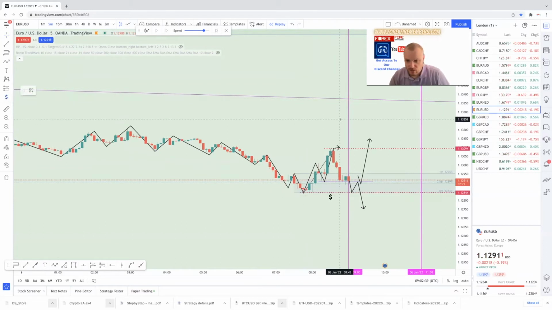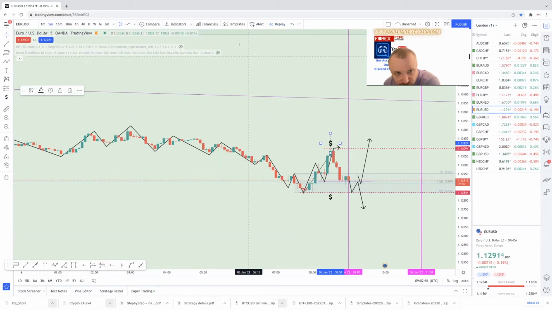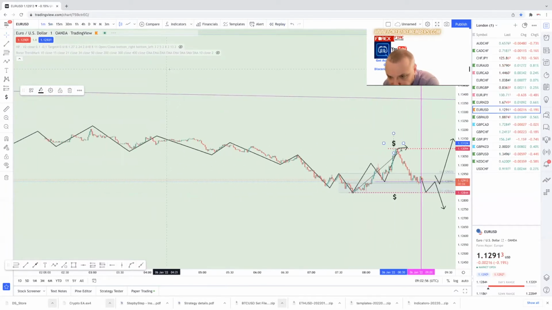Okay, so we've got liquidity on the buy side and liquidity on the sell side. I just want to see what's going to happen when we break structure down a bit more. Let's go down to a 1 minute chart, because that's what we're trading from.